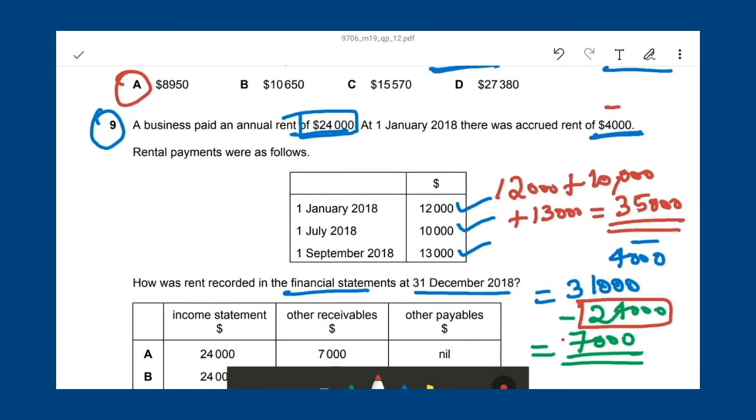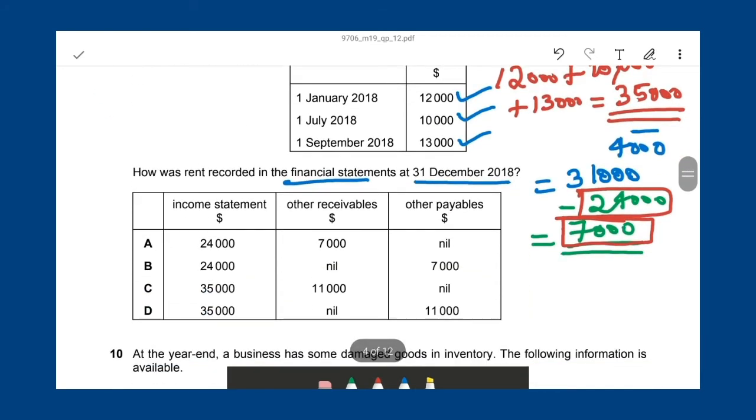Then 7,000 is prepaid rent or other receivables. So let's check the answer. Income statement 24,000. Yes, A and B both give 24,000. Correct. Other receivables: A gives 7,000, B gives nil. So A is the correct answer.